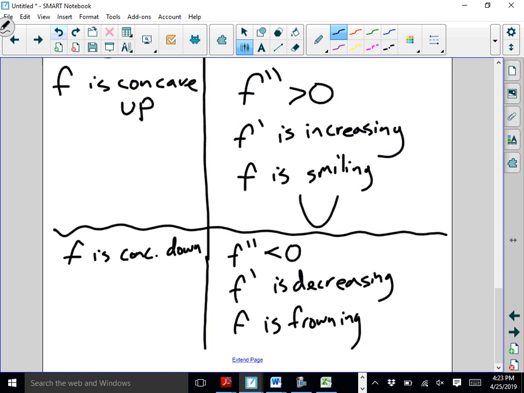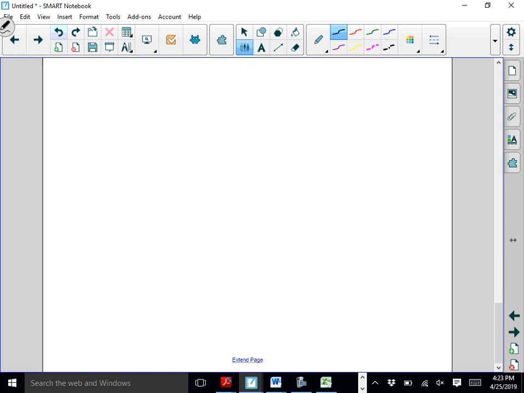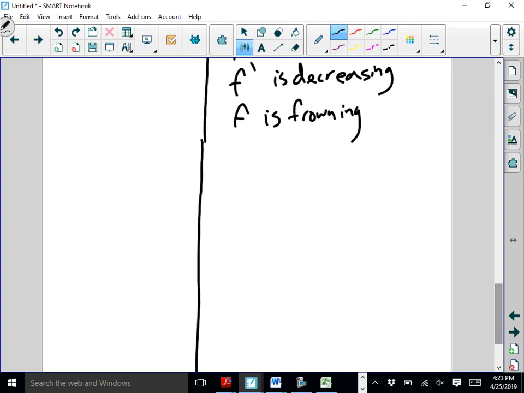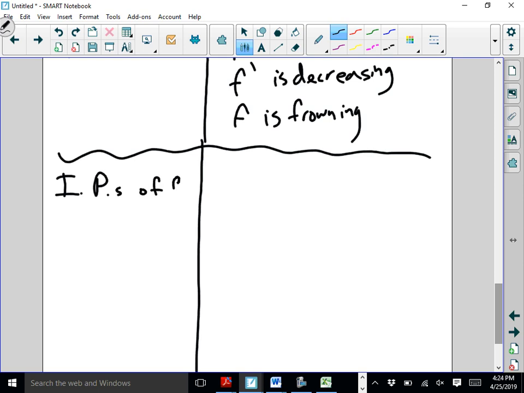Last one, inflection points of f. Okay. You're going to be very, very careful. By definition, an inflection point of f occurs when f double prime switches signs.